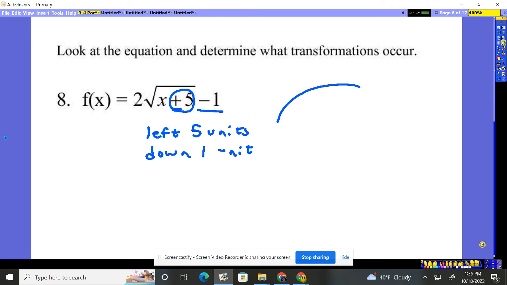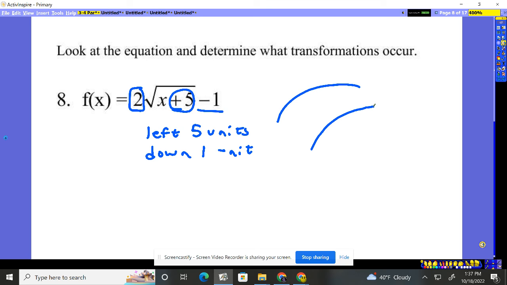We didn't make it flip over the x-axis because we don't have a negative, but we do have a 2, which makes it sort of increase a little bit. Now, the wording I said to use is, does it stretch vertically or stretch horizontally? As we do this, it stretches vertically. So in other words, it shoots up a little more quickly.